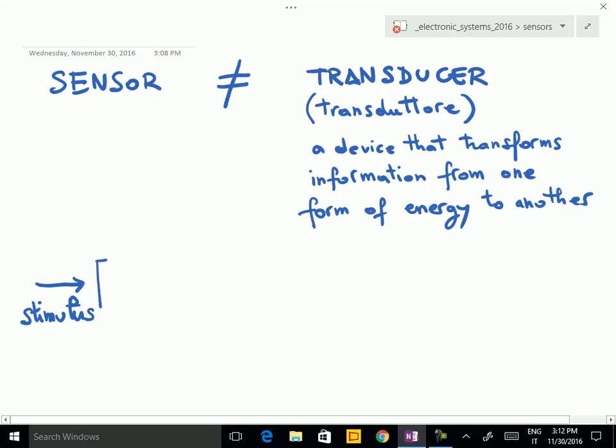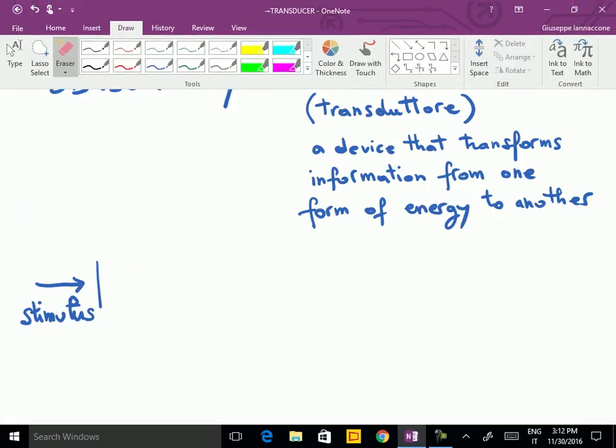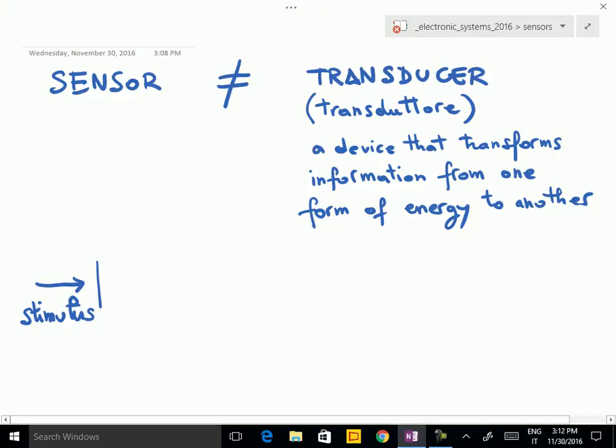Then we can have a first transducer, so transducer 1.